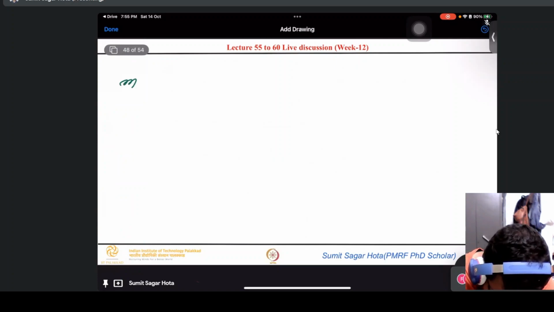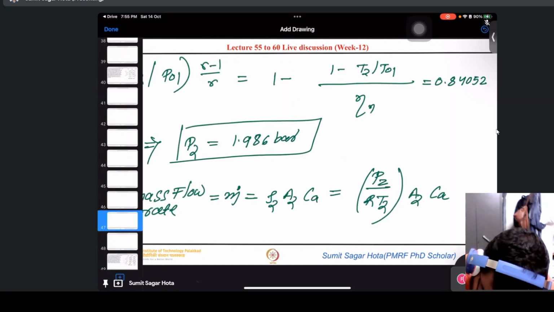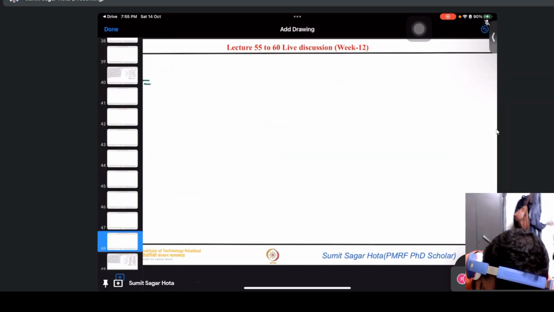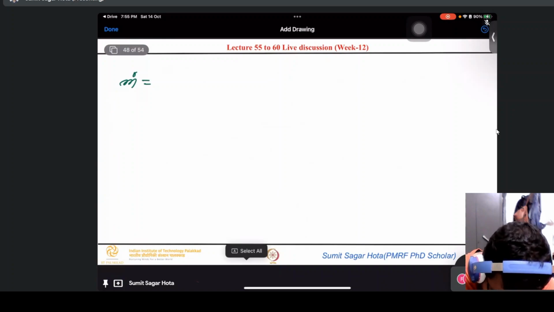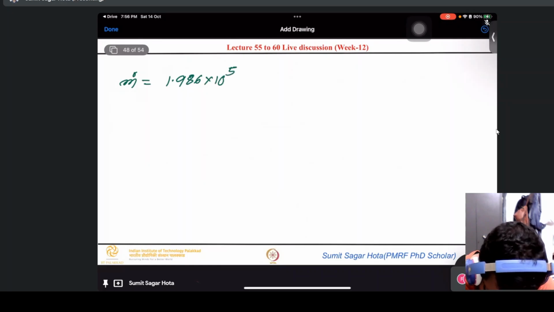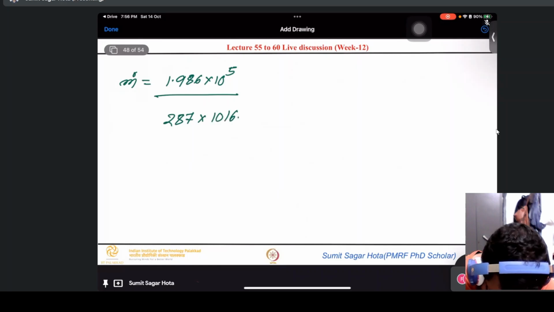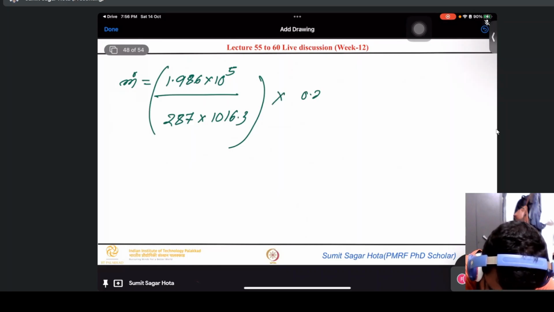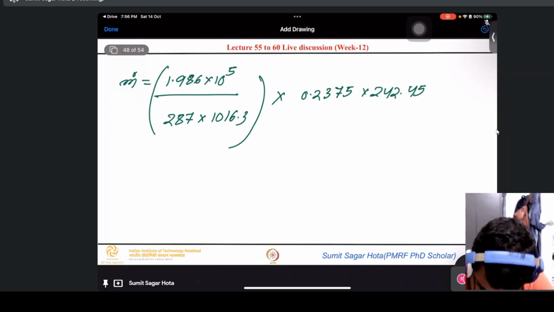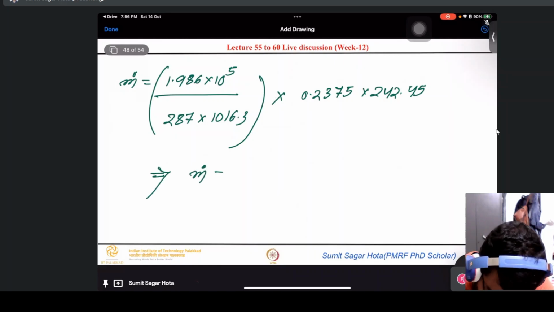Now if you substitute all the values, m dot equal to 1.986 into 10 to the power 5 divided by 287 into 1016.3, into 0.2375 into 142.4. That gives 31.9 kg per second.